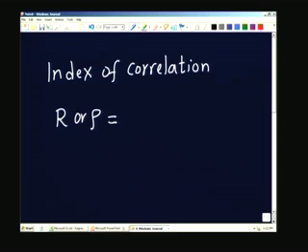From the context, it will be clear what we are talking about. It will be plus or minus square root of. I am going to again define such that if this index of correlation is very close to plus 1 or minus 1, I get perfect correlation. If it is very small, I will have to make sure that that represents a poor correlation.